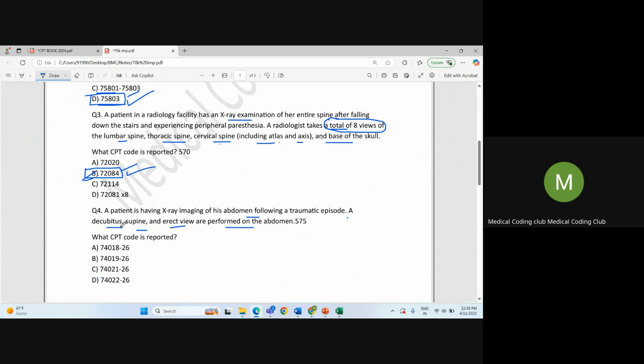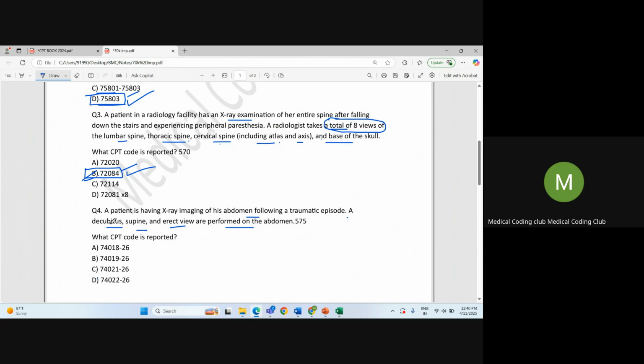Say for example, here supine means the patient will lie flat on their back, and in the same way erect view means the patient will stand upright, right? The patient is standing and then they are taking abdomen X-ray, that is erect position. And lastly, decubitus. Decubitus means the patient lies on their side.